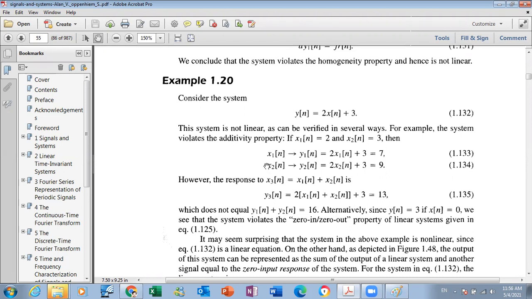And we have assumed that x1n is equal to 2 and x2n is equal to 3 to make things simpler. So 2 x1n will be equal to 4. 4 plus 3 is equal to 7.